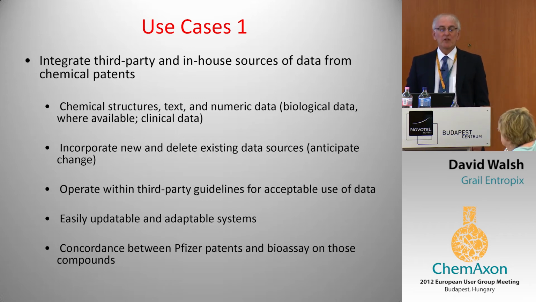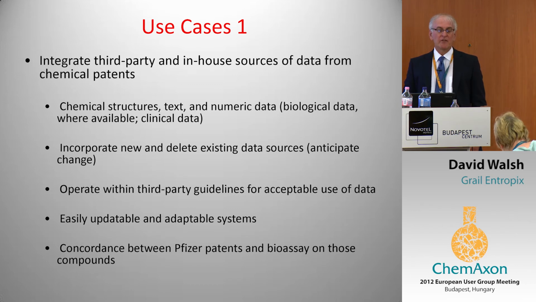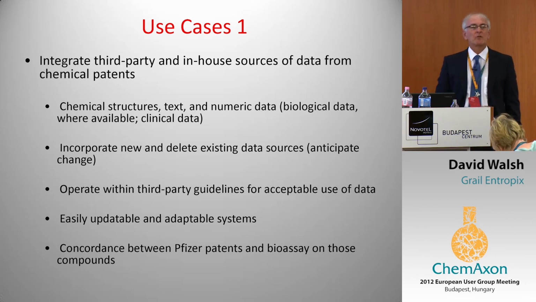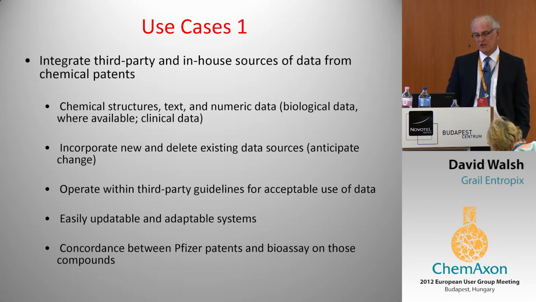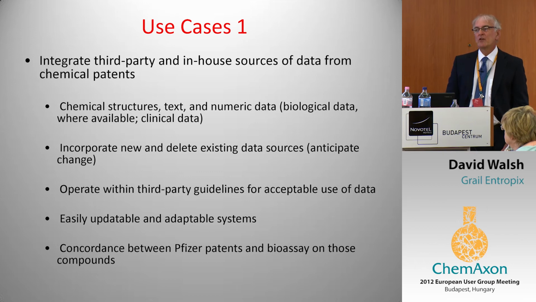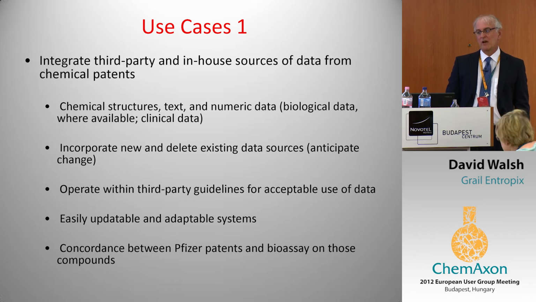So they want to operate within the third-party guidelines of acceptable use of data, which meant that certain types of data was not available to the projects. It would have been the gold standard to use chemical abstracts data, but that became unavailable through various use of data restrictions made upon that system.